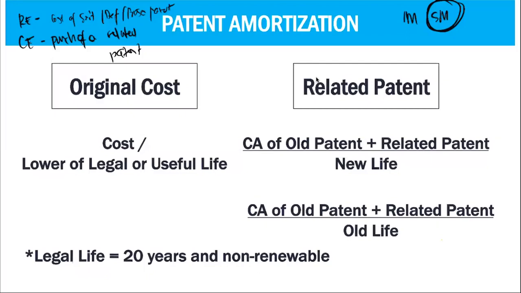If you will not purchase that competitive or related patent, what will happen to your invention? There might be a possibility that your invention may be phased out because there is a new or competitive patent. So to protect your patent, you purchase that related patent. Can you see now the economic benefit of purchasing a related patent? It helps you to protect your patent, so you can still make use of your patent.